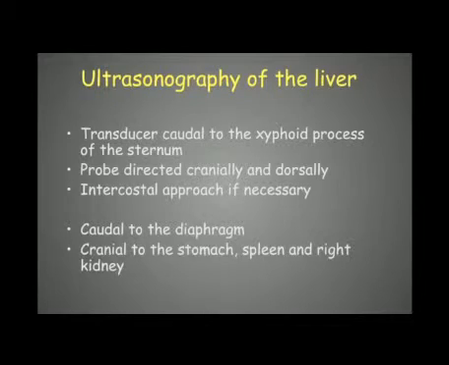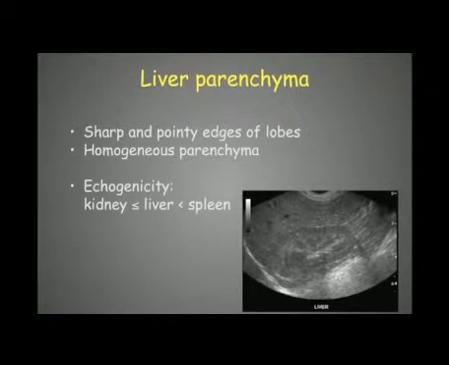Then the liver, so a bit of anatomy: it's caudal to the diaphragm and cranial to the stomach, the spleen and the right kidney. The liver parenchyma has to be homogeneous. The liver will have sharp and pointy edges, meaning quite triangular. If they are getting rounded, it's already not normal.